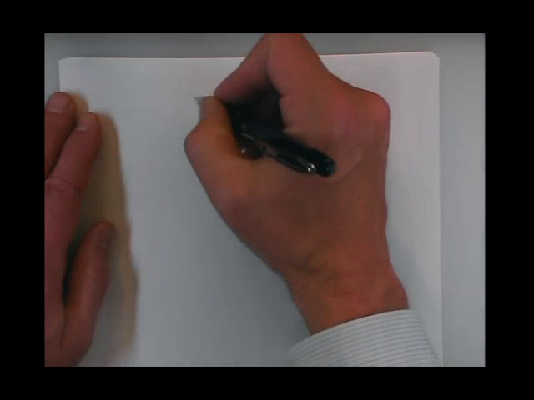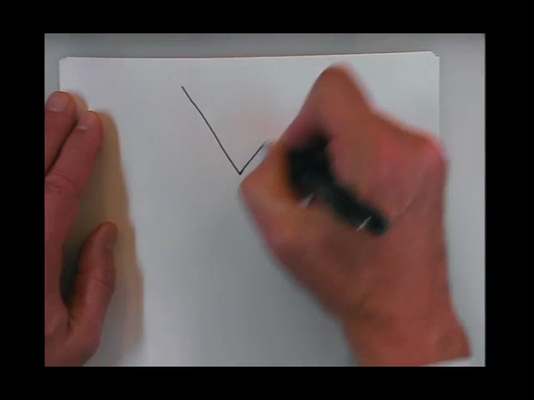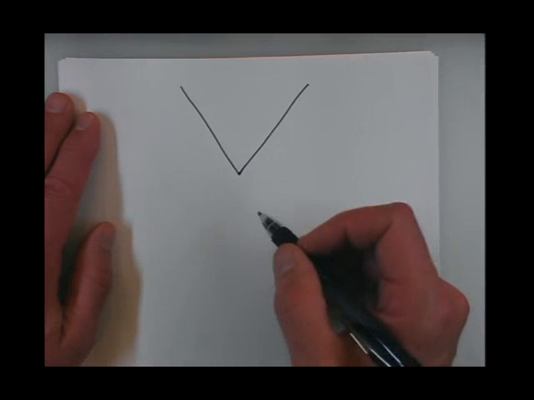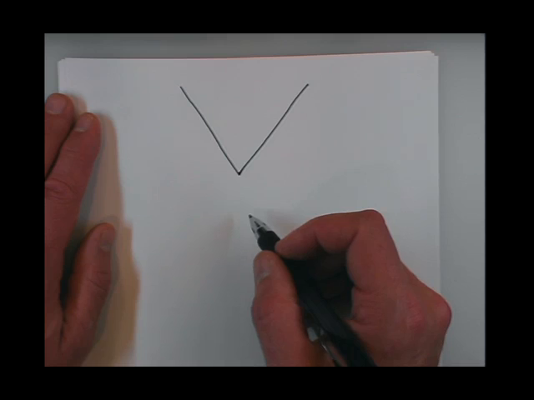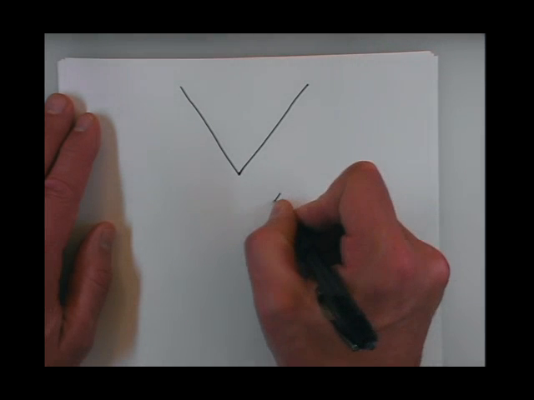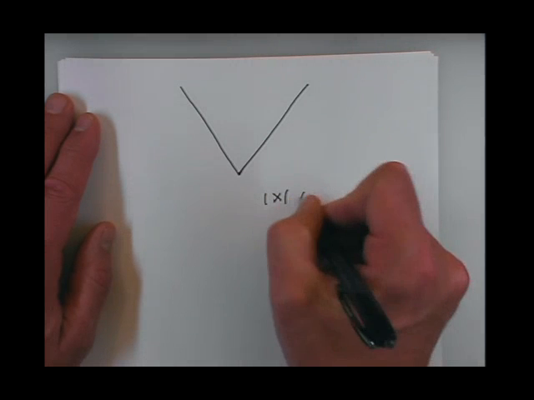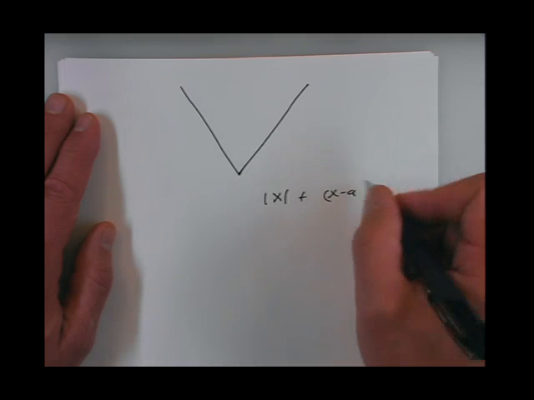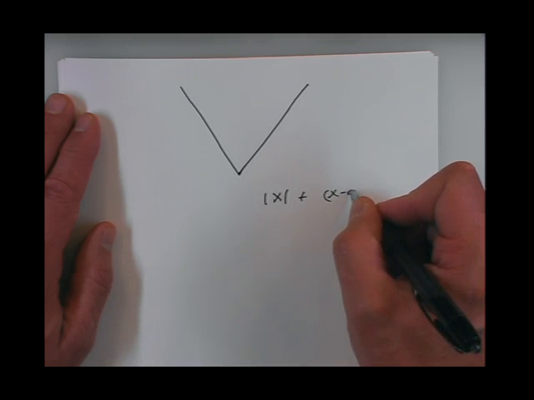Let's say I have a function which is the L1 norm, so it's just like this, and I add to that a quadratic function, so I'm minimizing something like the absolute value of x plus (x minus 3) squared.